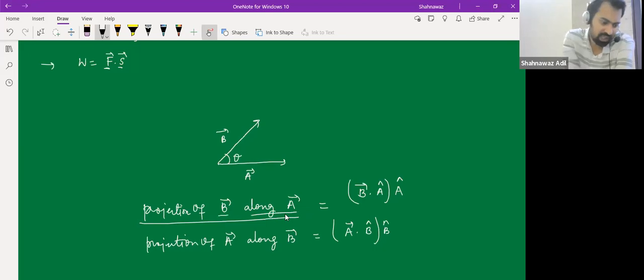Along A. Abdullah, what would be the direction of the projection of B along A?